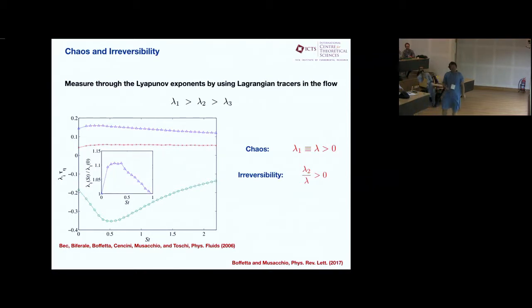The way we are going to analyze this is to make use of Lagrangian traces in the flow and look at the Lyapunov exponents to see if they're telling us something bizarre about these systems.